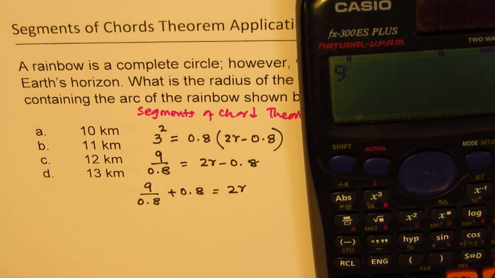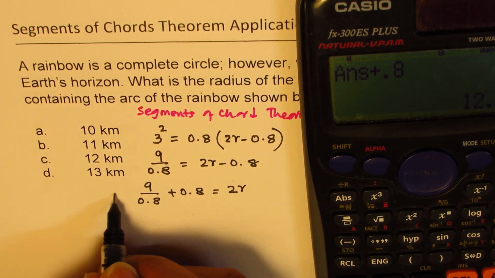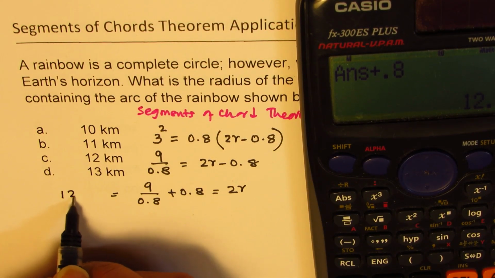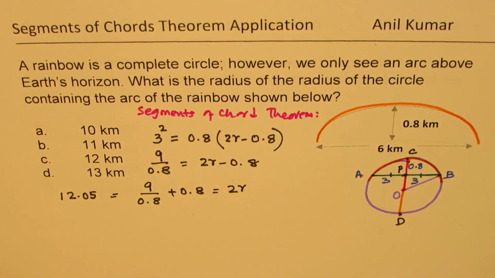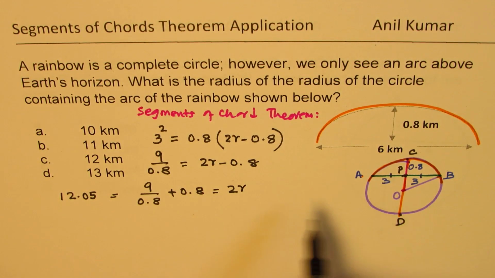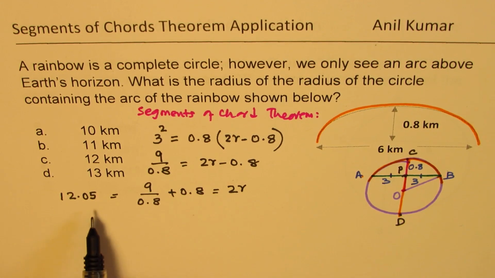We have 9 divided by 0.8, and we're adding 0.8 to it, right? So we get 241 divided by 20, which is approximately equal to 12.05. Right, so 12.05 is twice the radius.